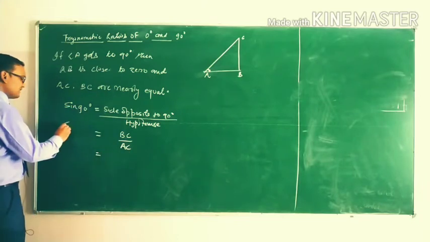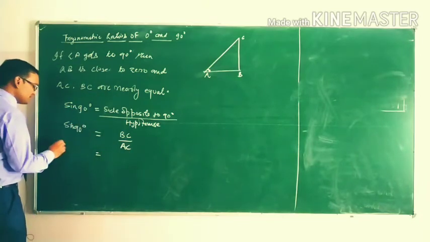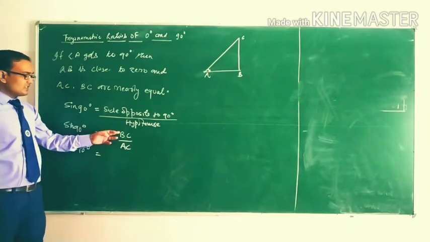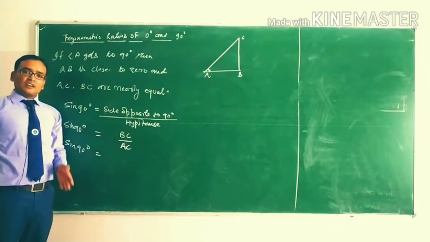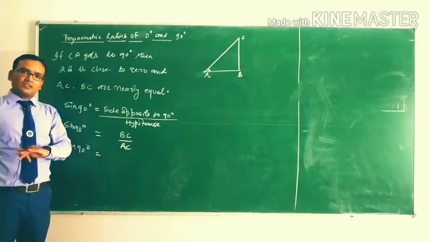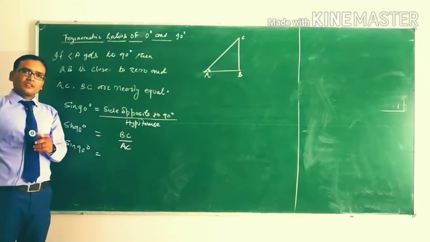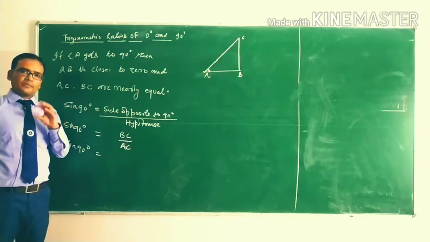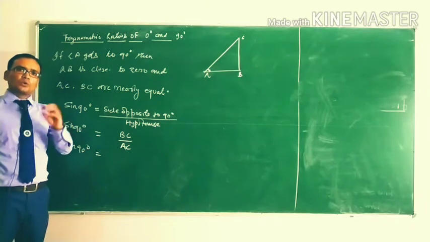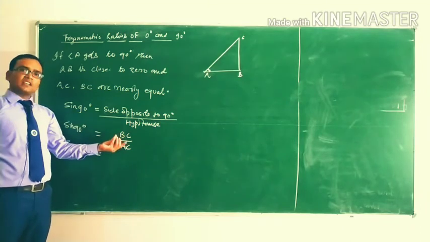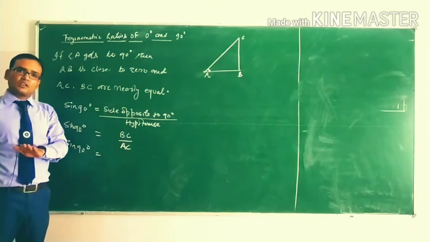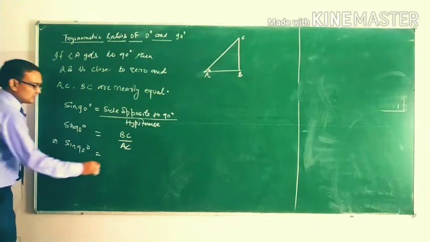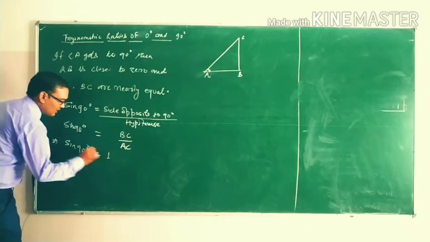This implies that sin 90 degrees is, here BC and AC are nearly equal. If angle A is close to 90, then BC and AC are nearly equal. Okay student, if BC and AC are equal, then the value of sin 90 is 1.